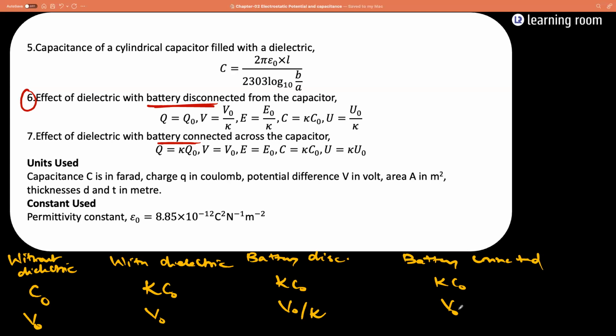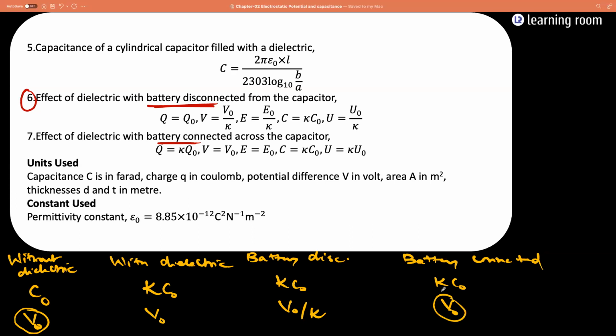Now, even after the battery is 100% charged, if you keep the charger plugged in, what will happen to the potential difference? It will still show you 100% only. That is the meaning: when 100% is reached, if the potential is V naught and you keep the battery connected, it is still going to show 100%.